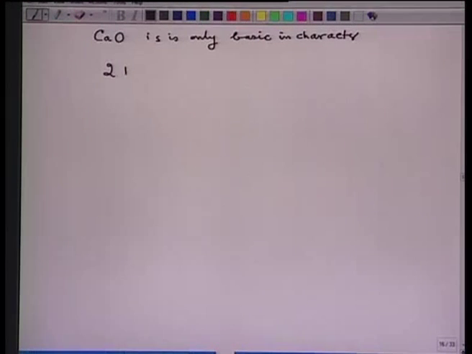Another important feature, calcium oxide is a stronger base as compared to FeO. So, if you write the total reaction: 2P plus 5FeO plus 3CaO equal to 3CaO·P2O5 plus 5 iron.